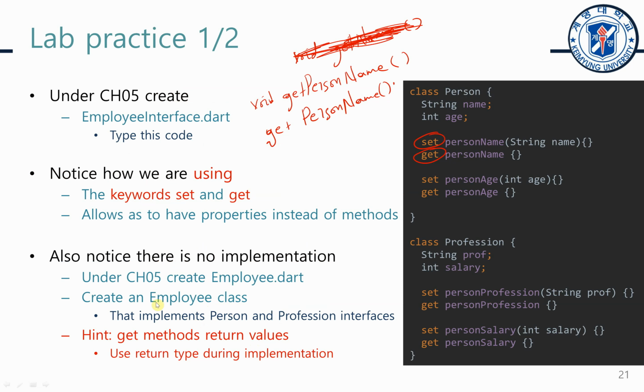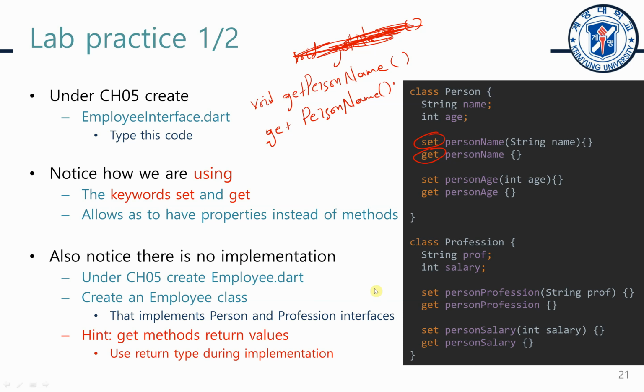So you create an Employee class, as you have seen earlier, that implements Person and Profession interfaces. You can get the method return values and use the return type during implementation.